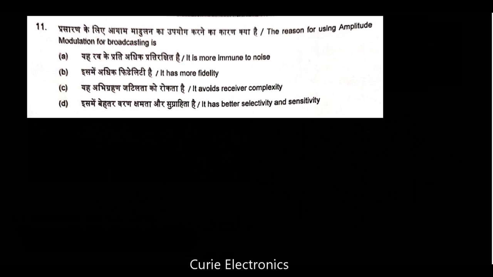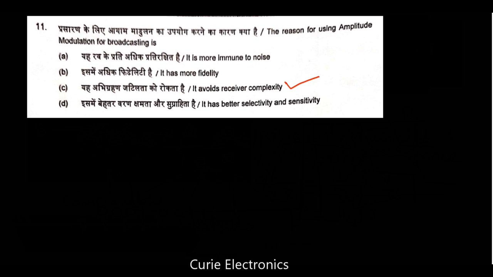It will pick up noise, and it is not high fidelity either. FM is much clearer, and that has better fidelity. It has better selectivity and sensitivity? That is also wrong. Whenever we tune AM channels, it will pick up some other nearby channels also. The reason for using amplitude modulation broadcasting is that it avoids receiver complexity.